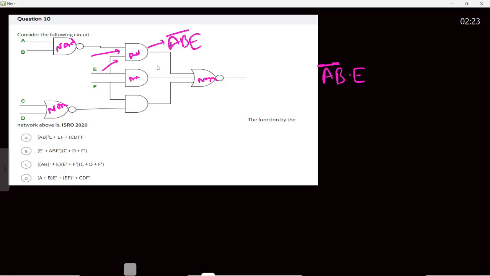Okay, what will be here? Here will be EF, right? And what will be here? Here it will become C plus D bar, and here will be F. Okay, so finally, what will be the final value?